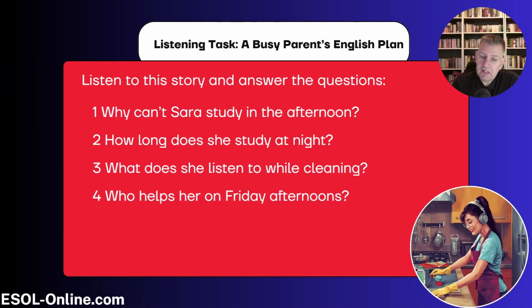I also listen to English while I clean the kitchen. I put on my headphones and listen to a podcast. My children don't mind because they are busy with their toys. Every Friday afternoon, I ask my partner to play with the children for 30 minutes so I can take a one-to-one tutorial. It's perfect for me because I can see my English improving every day.